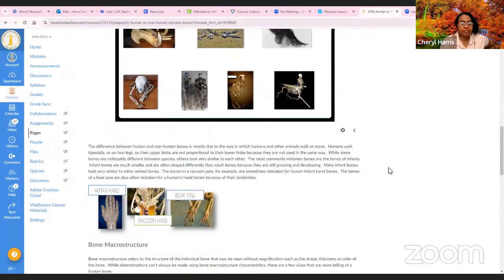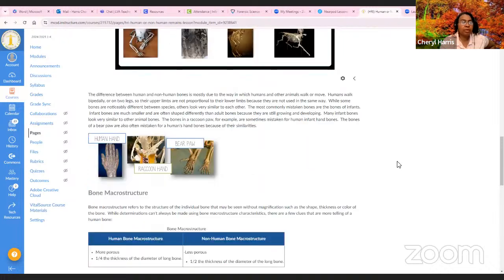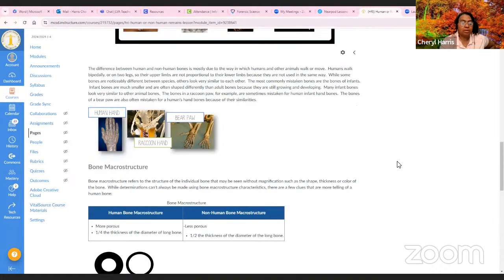Okay. The difference between human and non-human bones is mostly due to the way the human and others walk or move.